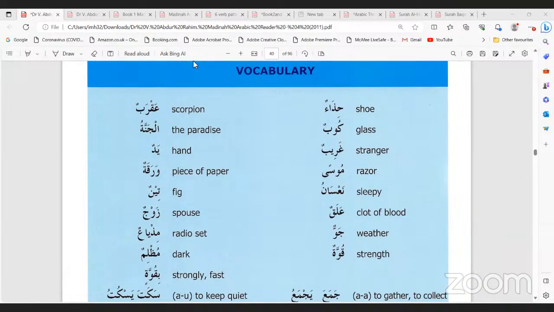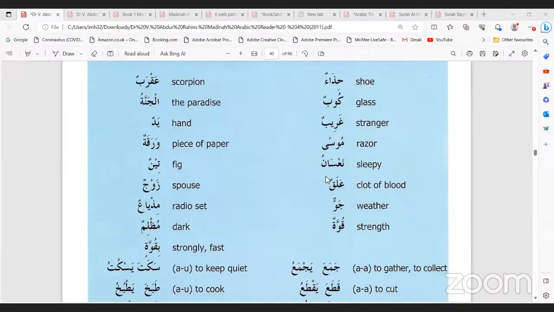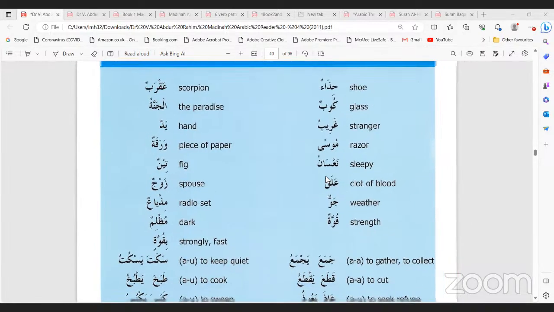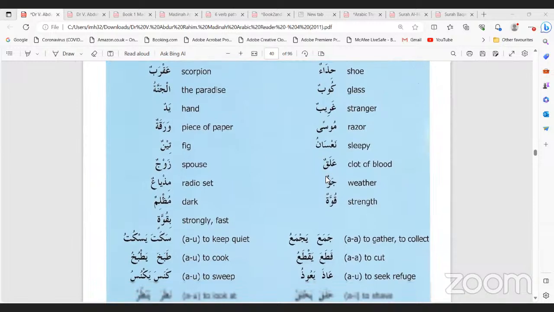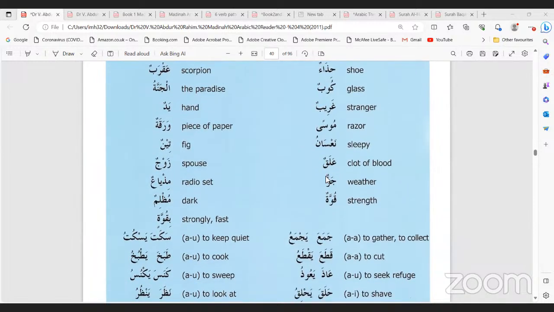Akrabun, scorpion. Al-Jannatu, the paradise. Yadun, hand. Waraqatun, piece of paper. Tinun, fig. Zawjun, spouse. Midyaun, radio set. Mudlimun, dark. Bikuwatin, strongly or fast. Sakata yaskutu, to keep quiet.